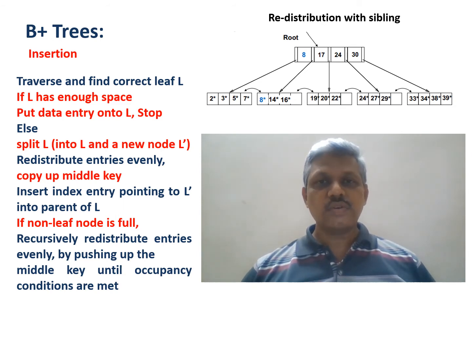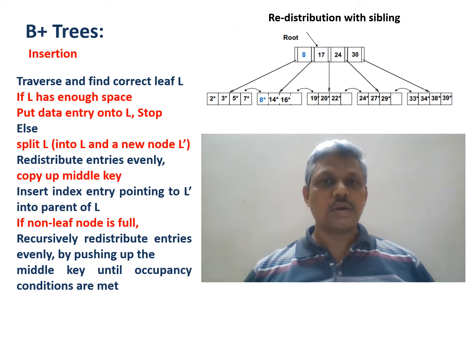So instead of creating one more level, since the last node 2, 3, 5, 7 is already full, the value 8 is inserted in the root node instead of 13. 13 is replaced with 8, because in the root node it is only a value pointing to the lower level. It's not a record. So we can change the values of the entries of the non-leaf nodes.